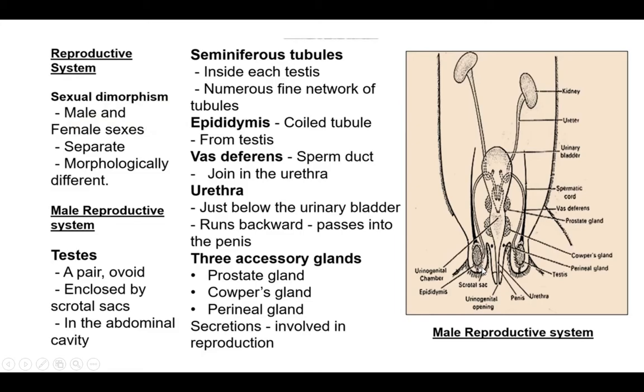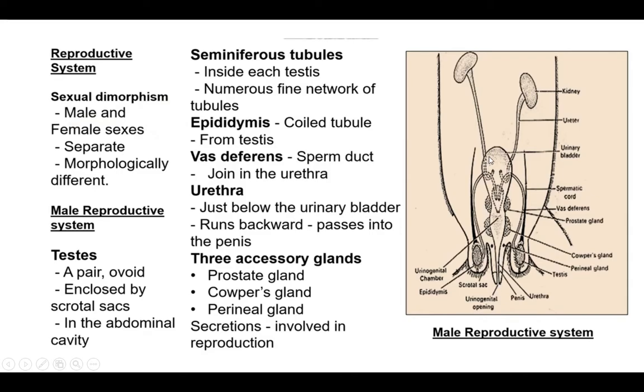This epididymis is a coiled tube arising from the testis, and that is leading to vas deferens. Can you see a long tube-like structure? That is vas deferens, otherwise you can say sperm duct. Through this vas deferens only, the sperms will be moving, and then that joins to the urethra. So this is urethra, already we saw.